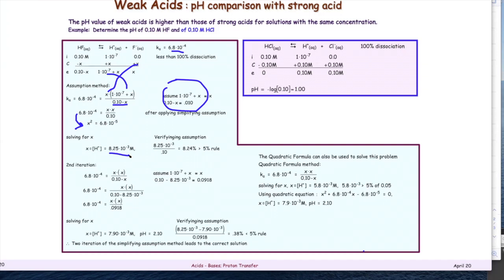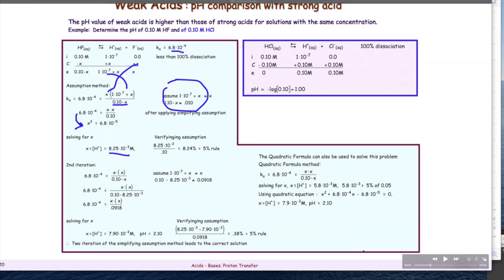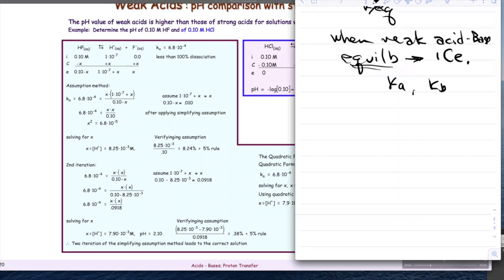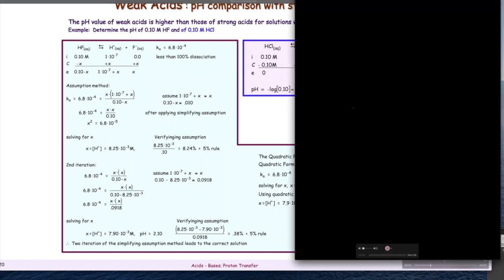If we verify our assumption, and how do we verify the assumption? Let me show you that real quick. Okay, we verified the assumption based on the fact that here's the simplifying assumption method.